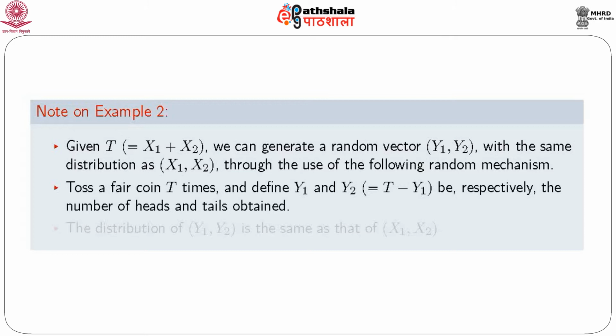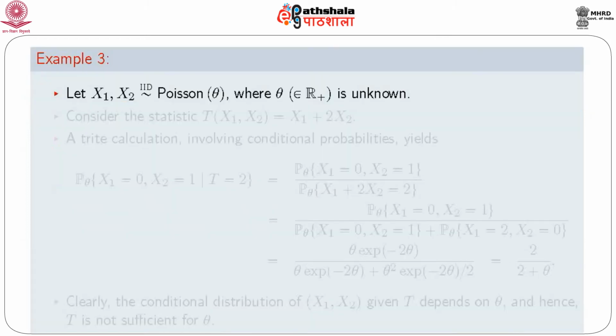We toss a fair coin t times, where t is the observed value of capital T, and define Y1 and Y2 to be respectively the number of heads and the number of tails obtained. Then the distribution of Y1, Y2 will be the same as that of X1, X2, and hence we have no loss in information.